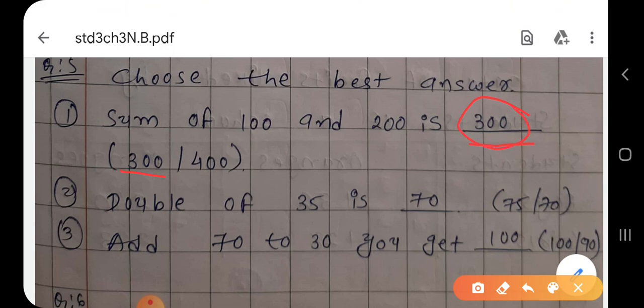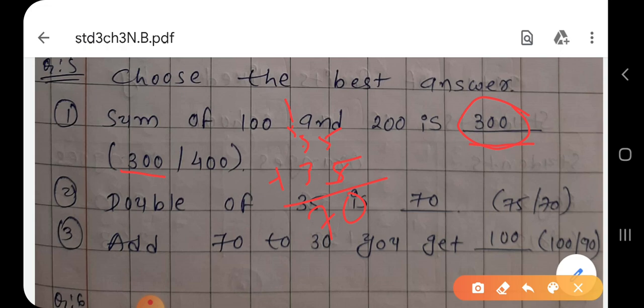Then second number, double of 35 means 35 two times. So the options are 75 or 70. So 35 plus 35, let's add this. 5 plus 5 is 10, so 0 and 1 carry. 1 plus 3 is 4, 4 plus 3 is 7.